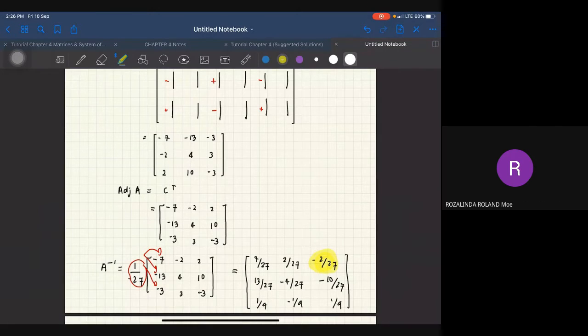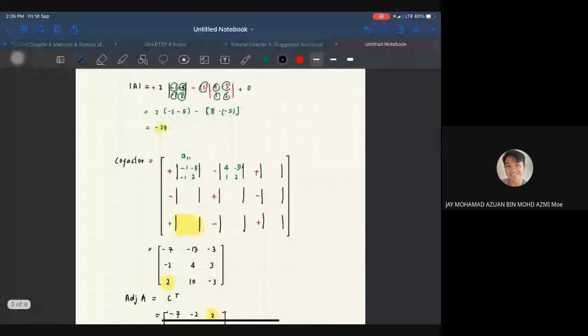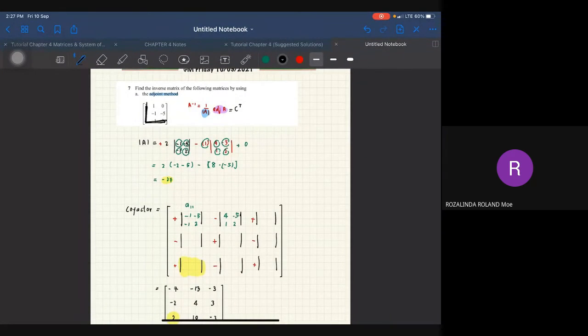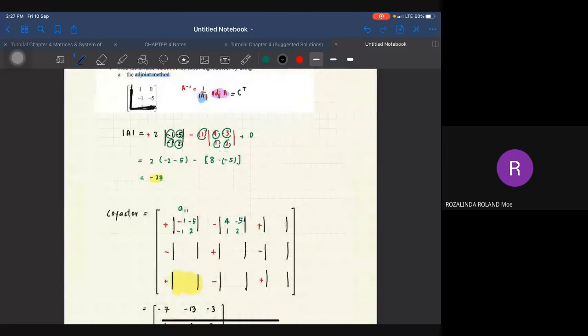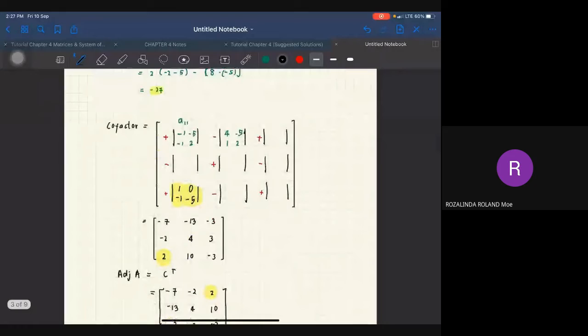Okay, so kita try masukkan dia punya element. Alright, so kita akan delete this column and this row. So awak akan ada 1, 0, negative 1, negative 5. Okay, so dekat situ is negative 5. Oh, negative 5. So it's negative 5 over here. Okay, so maksudnya this one juga, betul kan?